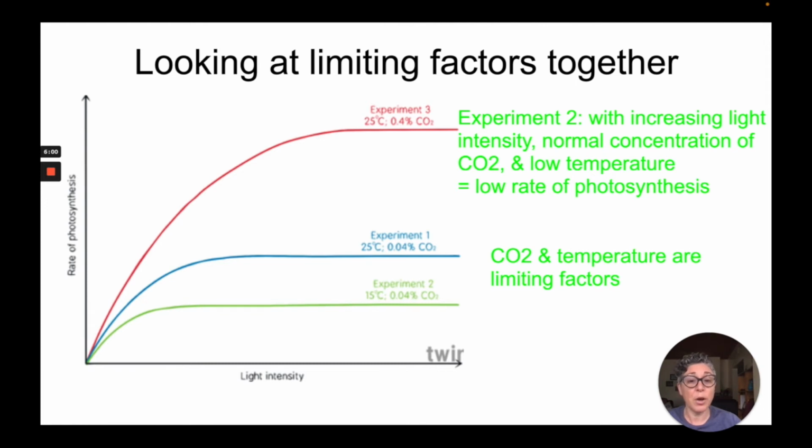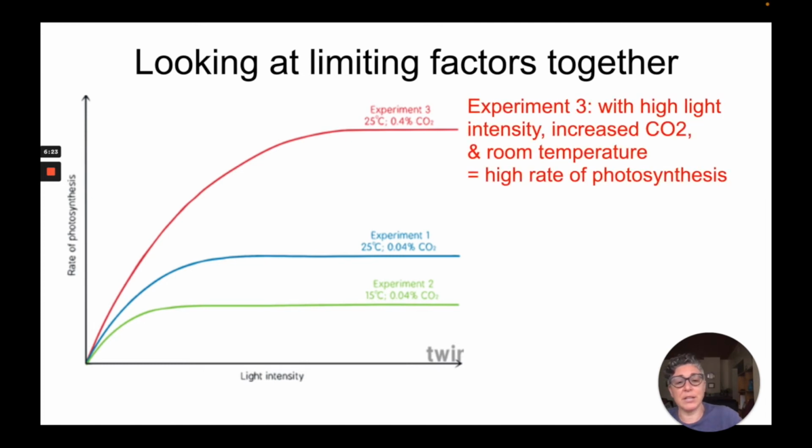We already know that carbon dioxide was a limiting factor in the previous experiment, and that plateau was higher. So therefore, if a plateau is lower, carbon dioxide is still a limiting factor. But now the temperature is also lower, and that's why the green line is lower on this graph. So those two both are limiting factors.